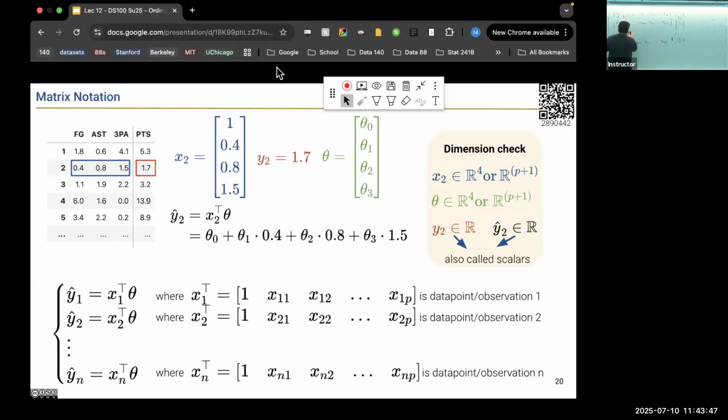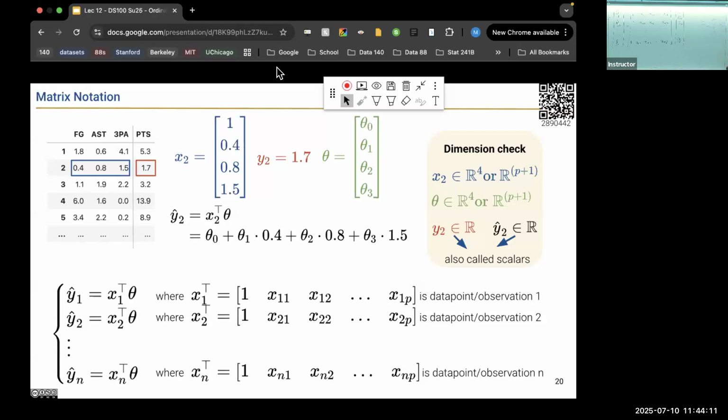So then what I can do is put all of these entries into a big matrix. And you can verify that this matrix times this vector is going to be equal to the vector of the y hats on the left.